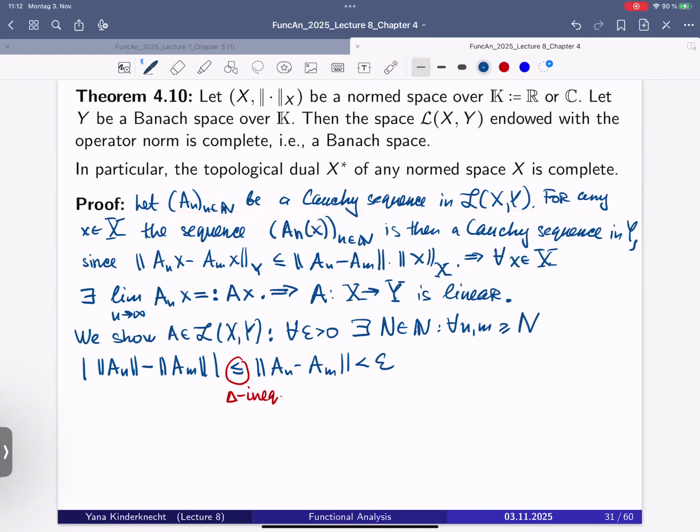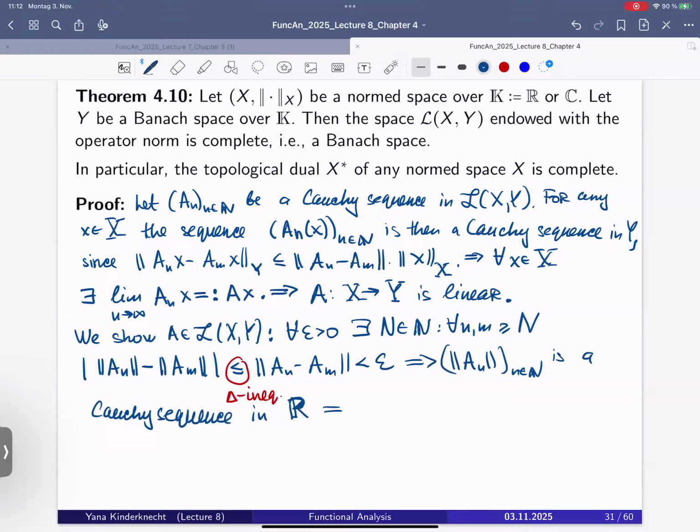So what does it mean? This means that the sequence of norms of A_n is a Cauchy sequence in our field. Actually, since all norms are non-negative, it's even in the non-negative reals, but it doesn't matter.